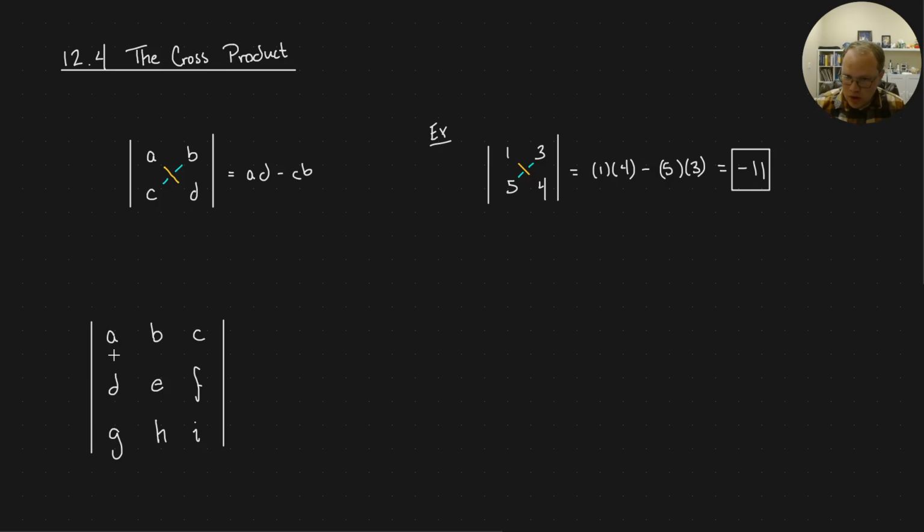So I'm going to start, and maybe I'll color code it so you can see where things are coming from. I'm going to start with A. I'm going to get rid of the row and column that A is in. Just mentally, most of the time we don't draw these lines. Okay? That leaves me with a 2x2. Take the 2x2 determinant.